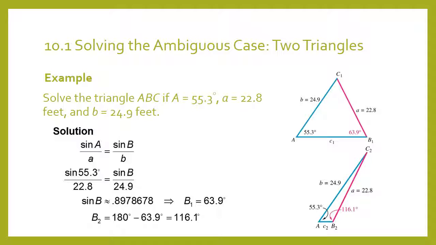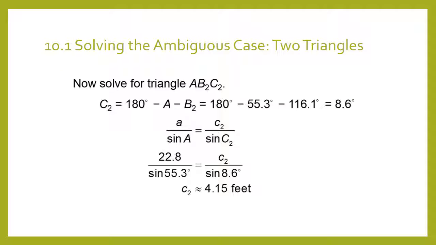Now, this may or may not indicate a second triangle, but if we add that to angle A, we discover that there is indeed going to be a second triangle because the result is less than 180. So the 116.1 is going to be our B2, which means our C for our second triangle is going to be 8.6. And then again, we use the law of sines to solve for that.